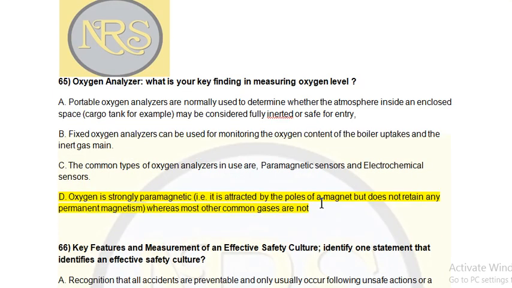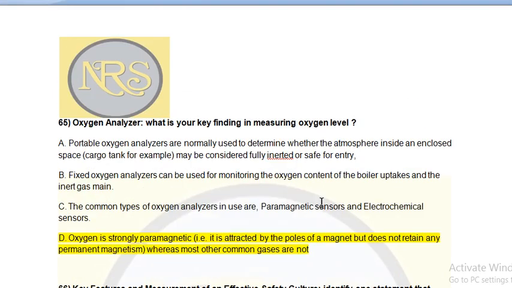Question number 65. Oxygen analyzer. What is the key finding in measuring oxygen level? Option A. Portable oxygen analyzers are normally used to determine whether the atmosphere inside an enclosed space, cargo tank for example, may be considered fully inerted or safe for entry. Option B. Fixed oxygen analyzers can be used for monitoring the oxygen content of the boiler uptake and the inert gas main.